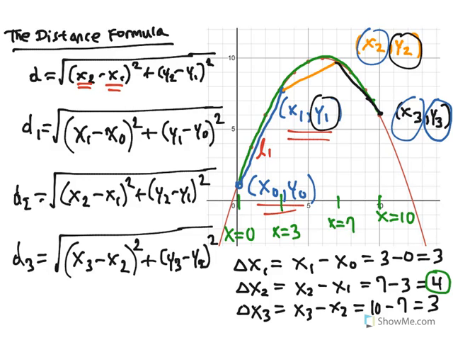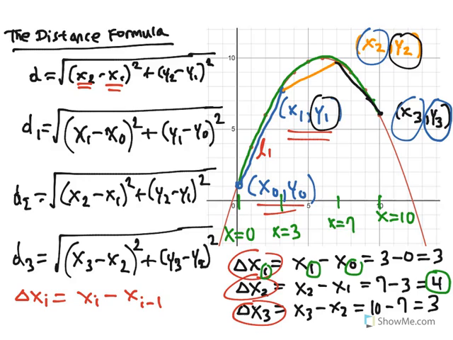But before we do that, I'd like to call your attention to one thing, and that is we can generalize what we're doing here. So we can write delta x sub i is equal to x sub i minus x sub i minus 1. You can see, for example, delta x sub 1 is x sub 1 minus x naught. Delta x sub 2 is x sub 2 minus x sub 1.